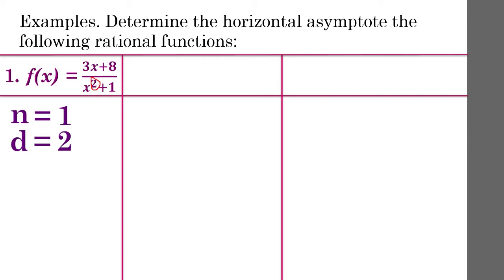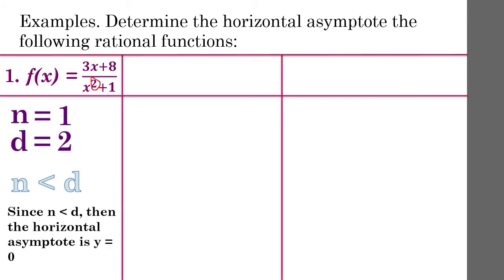Finding the relationship between the degree of the numerator and the denominator, we have the degree of the numerator is less than the degree of the denominator. In this case, what is our horizontal asymptote?